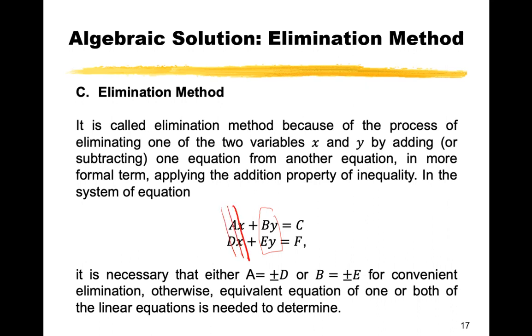Hindi nyo muna sila isasama. Then you can readily solve for the value of y. Or vice versa. Okay? Hindi nyo basta-basta i-eliminate yung variable na gusto nyo tanggalin. May process tayong susundan.